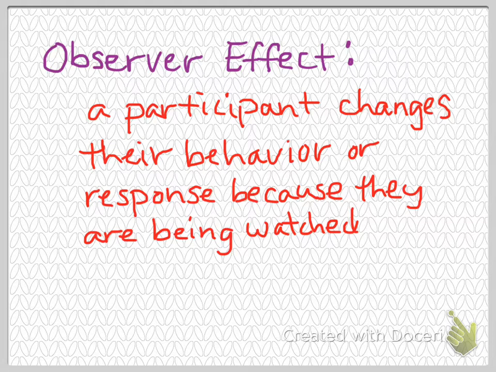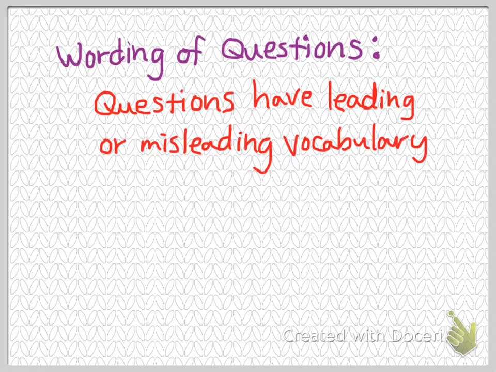Or maybe if you're in front of a little kid, you don't want to say you use alcohol, because you don't want the little kid to get the wrong impression of you. Or maybe you just think the surveyor is really good looking and you don't want them to get a bad impression of you. So anytime someone else is watching and the person taking the survey is afraid of perception, they change their behavior or their response so that they will look more favorable to the observer. Wording of questions.